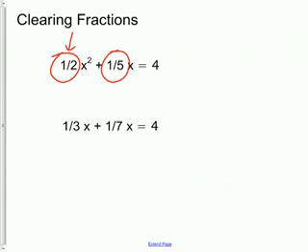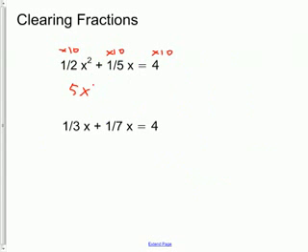If you multiplied by 2, you'd fix this one, but it wouldn't fix that one. If you multiplied by 5, you'd fix that one, but not that one. So what do you do? Come on, somebody can pull this off. Multiply by 10. That's right. Instead of multiplying by 2 and then multiplying by 5, why don't you just multiply by 10 right off the bat? And then I go times 10, times 10, times 10.